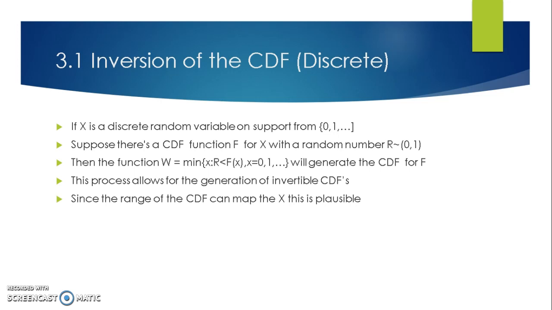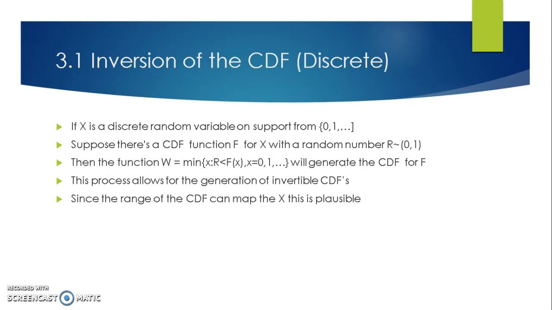So the function W is the min of x, where r is less than the function F of x, where x goes from 0 to infinity. This little x is just the variable we put in place that is the y variable in relation to the X random variable. This will generate the CDF for F.